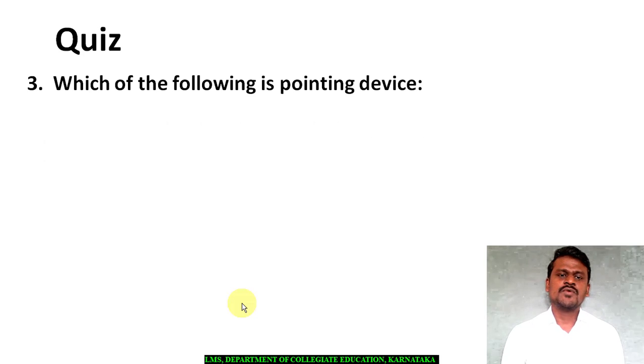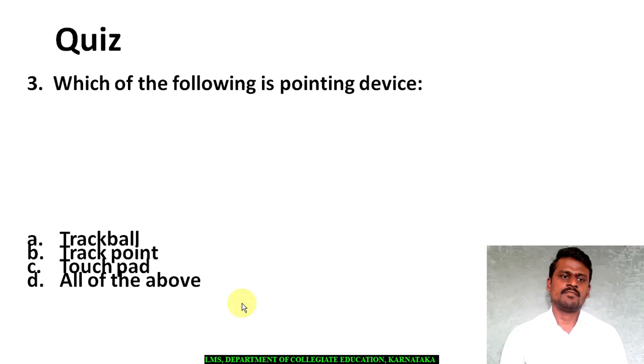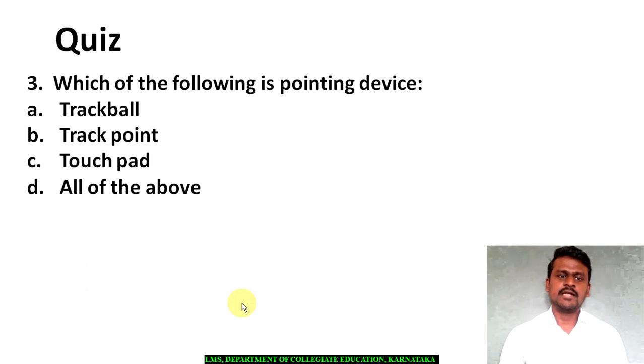So next question, which of the following is a pointing device? Option A, trackball, option B, track point, option C, touch pad, and option D, all of the above. Any guesses? Correct. Answer is all of the above, because all three are pointing devices.